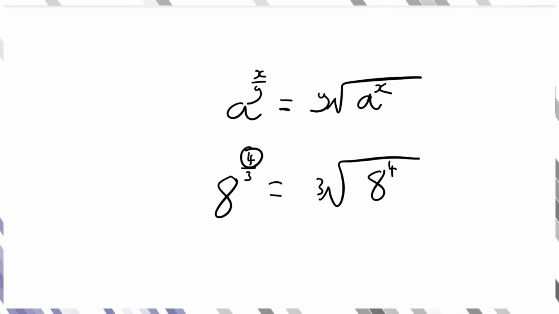We could raise 8 to the power of 4 first and then cube root whatever that is. But generally it's easier to take the denominator in the power and apply that first. So the cube root of 8 is 2, so this is equal to 2 raised to the power of 4, which is 2 times 2 times 2 times 2, 16.